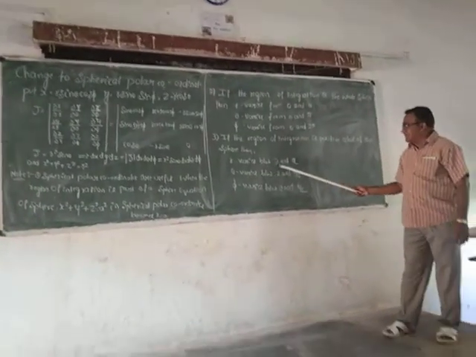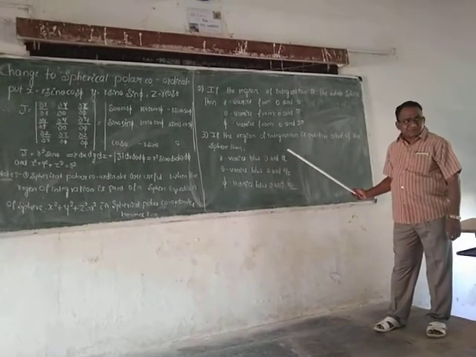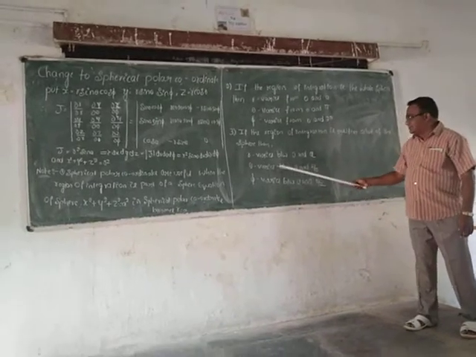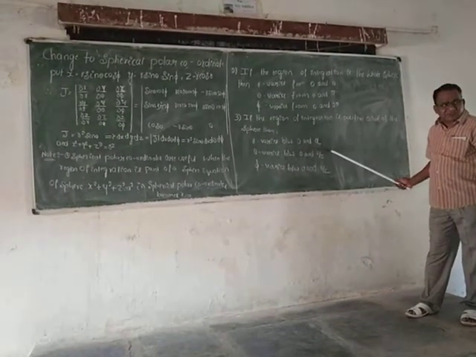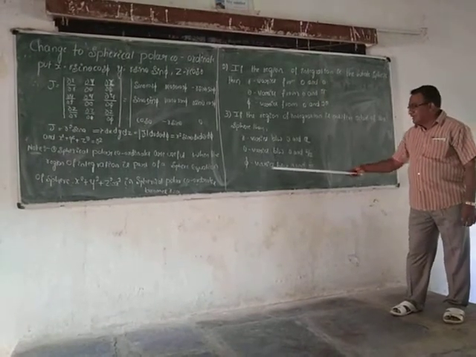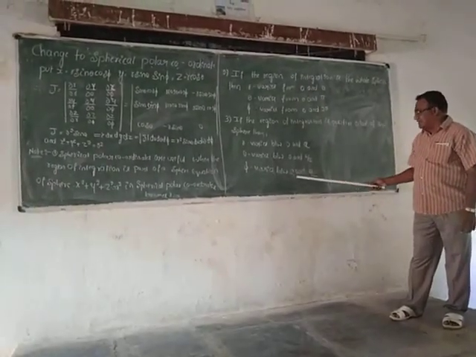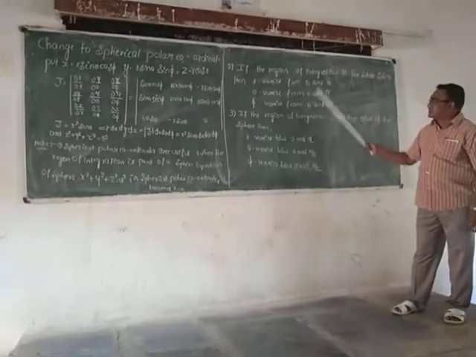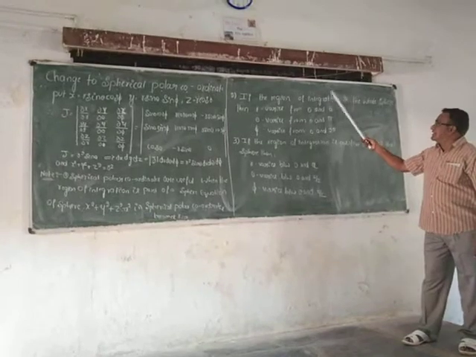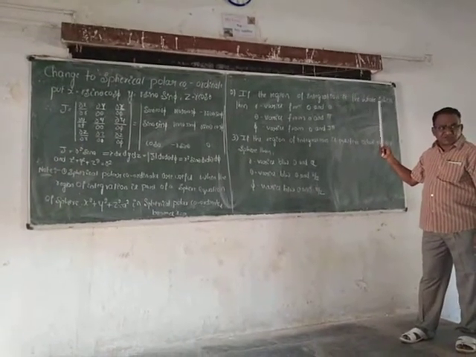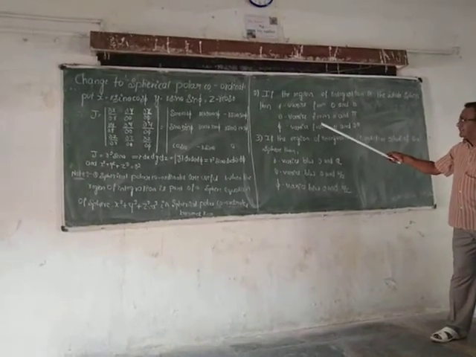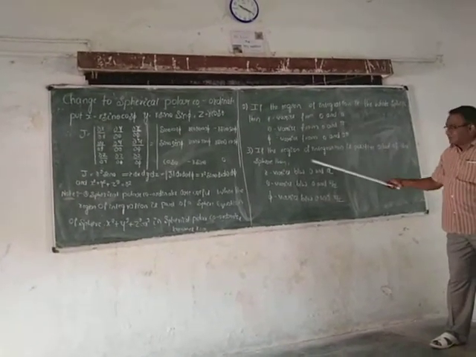r varies between 0 and a, theta varies between 0 and pi by 2 because it lies in the first octant only, and phi varies between 0 and pi by 2. You have to remember these two. If the region of integration is the whole sphere, then r, theta, phi vary like this.